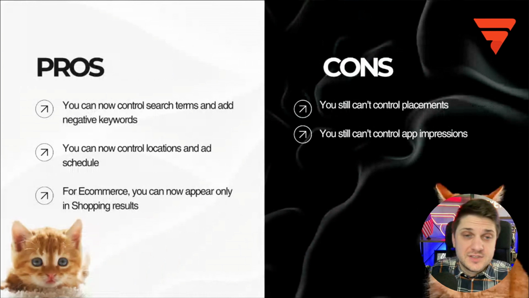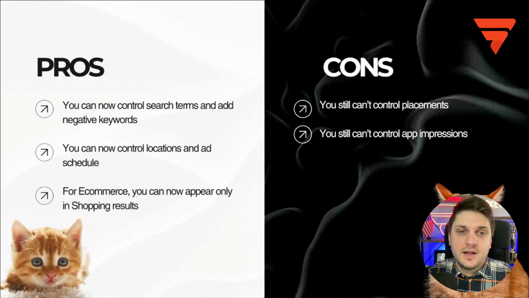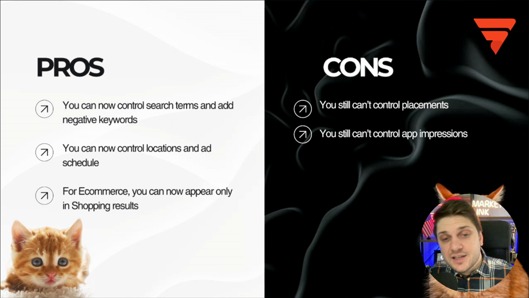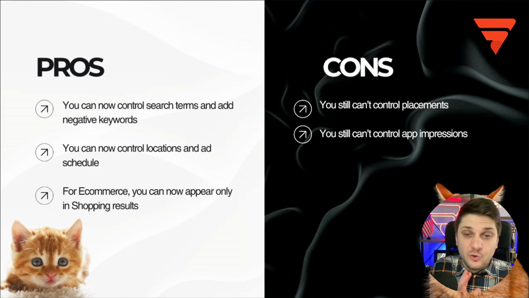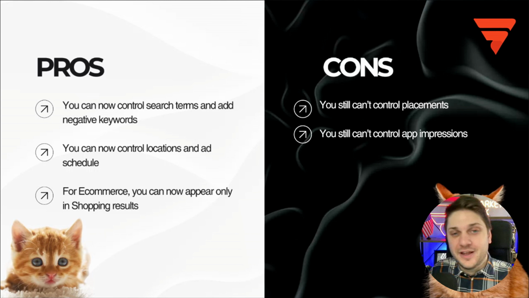Firstly, about pros and cons. In general, I'm happy that now we can see search terms, we can work with queries, we can add negative keywords, we can control location, and we can control ad schedule.